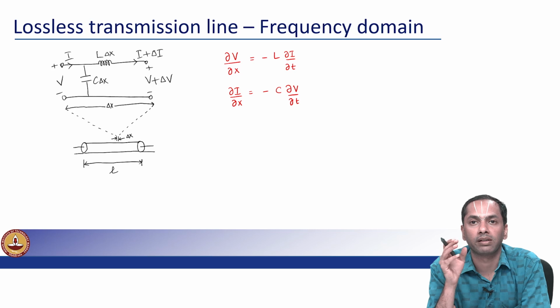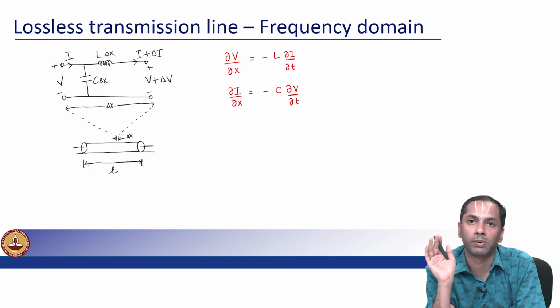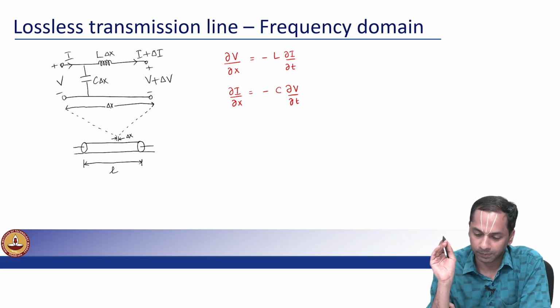And we are only interested in the amplitude of these oscillations and how this amplitude changes over various locations or positions on the transmission line. So we want to keep the variability in x and discard the variability in t by saying that it is always a sinusoidally changing time dependence, and no other time dependencies are expected.